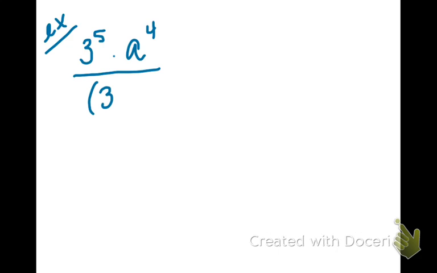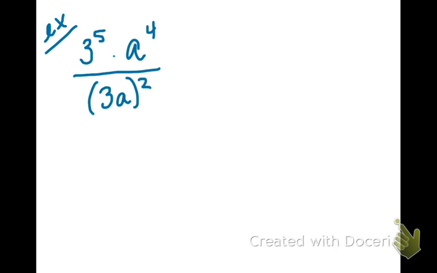And then finally, I would like to go ahead and give you a couple other examples to use. Another example would be 3 to the 5th power times a to the 4th power all over 3a squared.